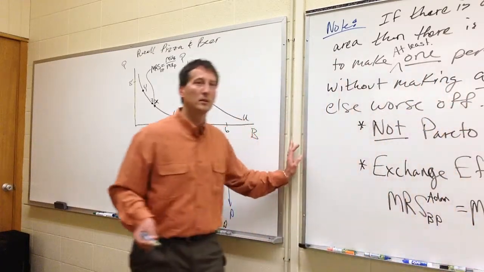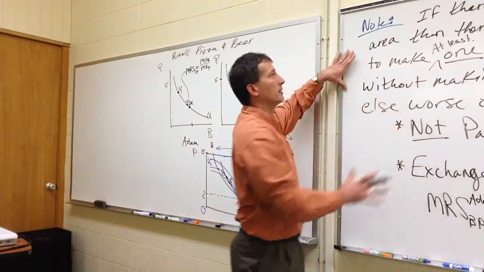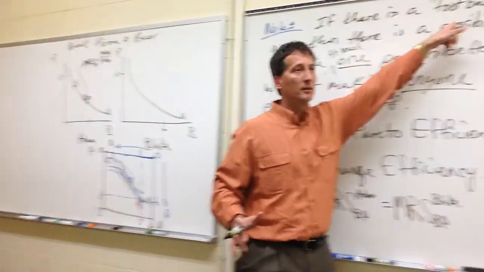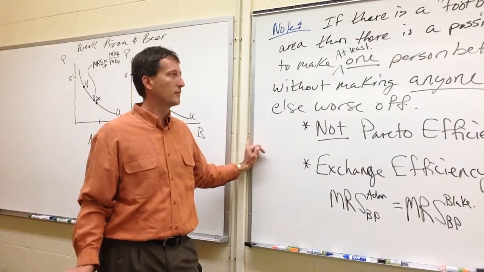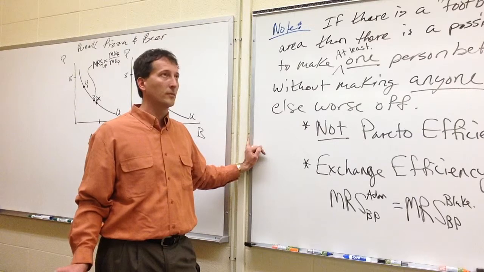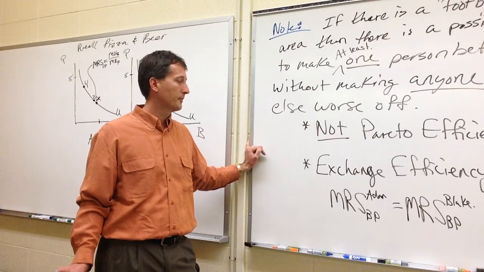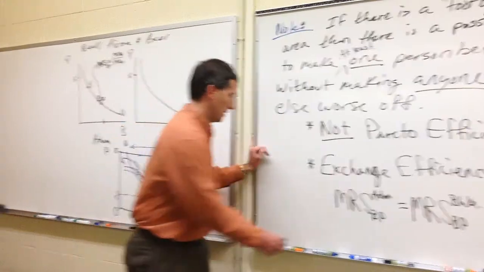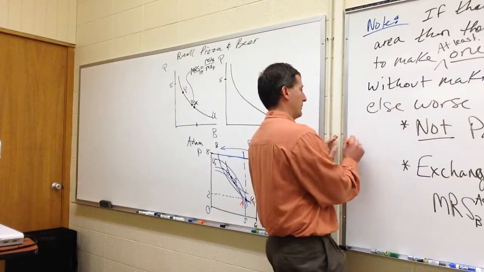So what's not Pareto efficient again? This whole statement up here. If there's a football region, so if you can make one person better off without making another one worse off, then it's not Pareto efficient. If you want, I'll do a quick little shorthand because that's an important concept.